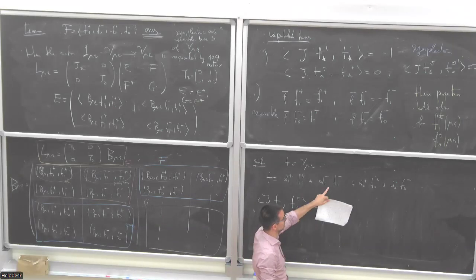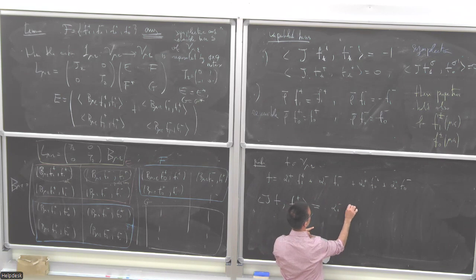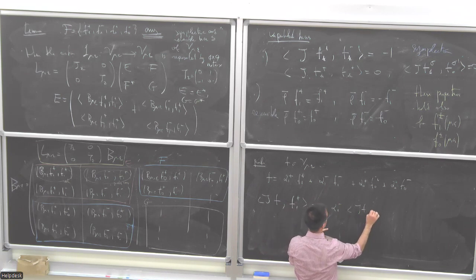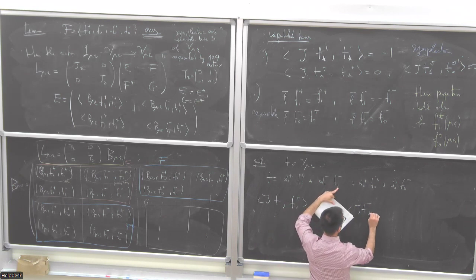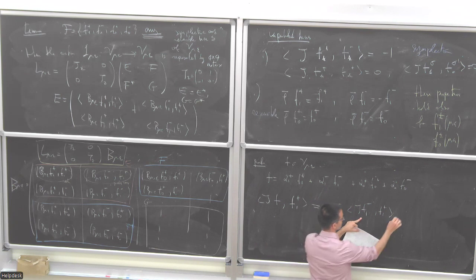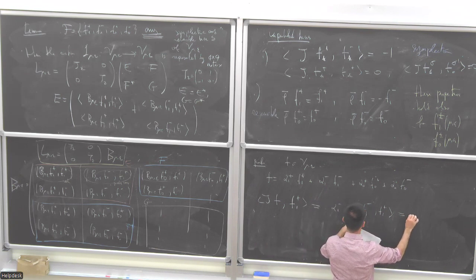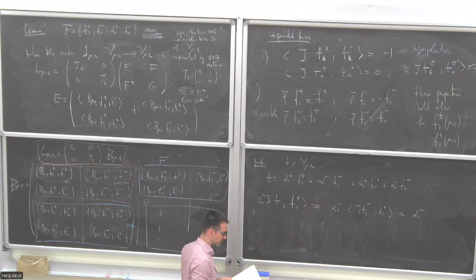They are all 0, except this one, which gives you the coefficient. So this is alpha 1 minus, J f1 minus, f1 plus, and this is minus 1. No, this is 1. So this is alpha 1 minus. And this way you compute all the other coefficients.